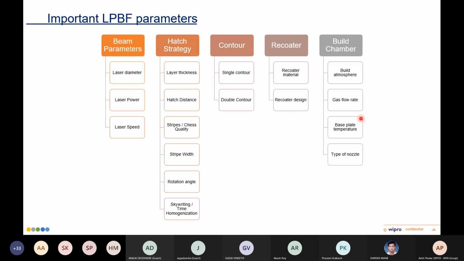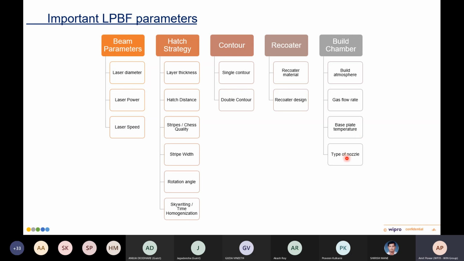Then base plate temperature. Base plate temperature is important because if it is high, the generated residual stresses are less. This base plate temperature can vary from material to material. And then the type of nozzle.